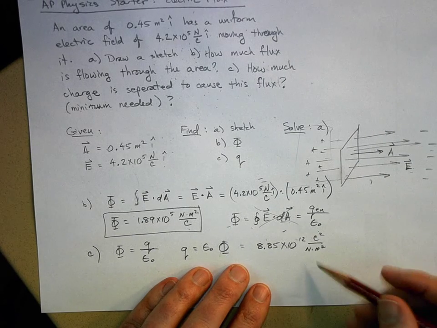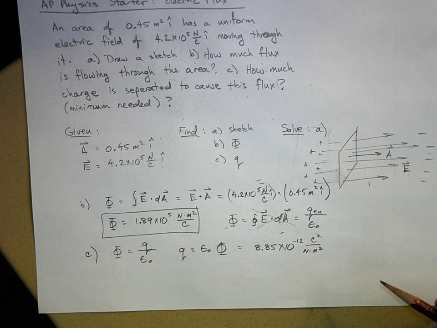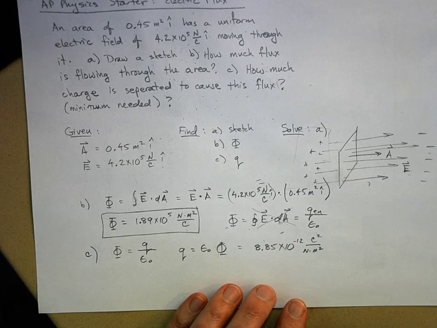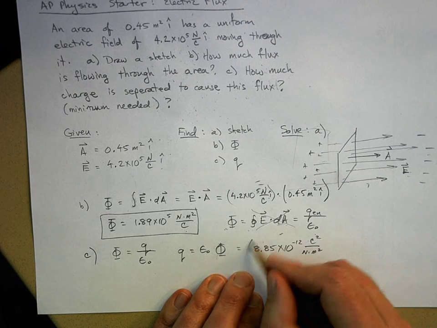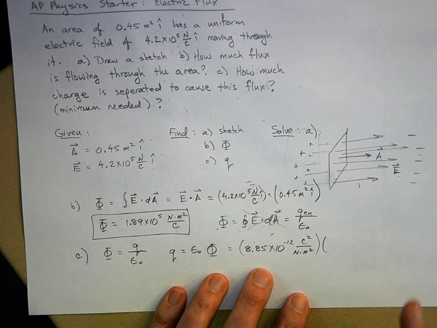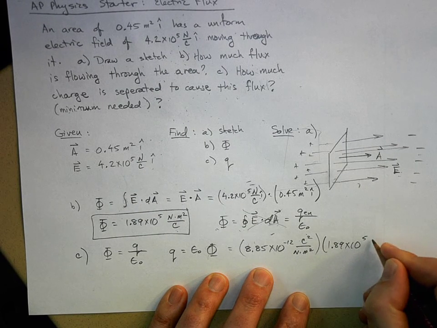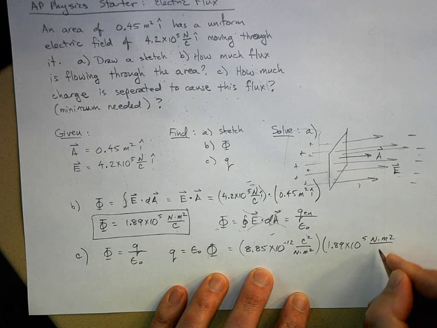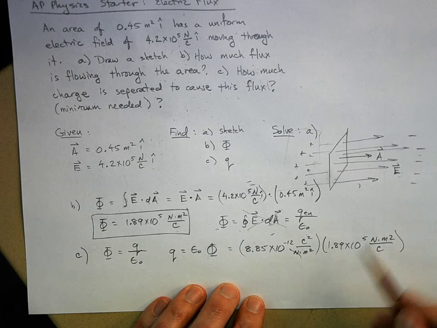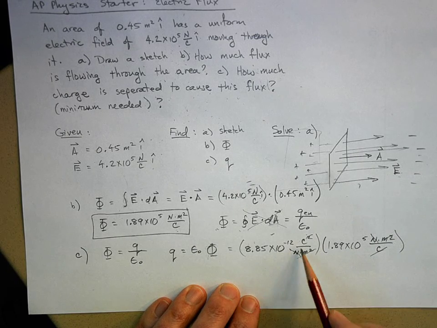The reason I write it like that is because I know it's the reciprocal of the units for the electric constant. Then I'm going to multiply that by the amount of flux I have, which is 1.89 times 10 to the 5 newton meters squared per coulomb. And if I look at units, the newtons cancel the newtons, the meters squared cancel the meters squared, the coulomb cancels the coulomb squared, and I'm left with coulombs.